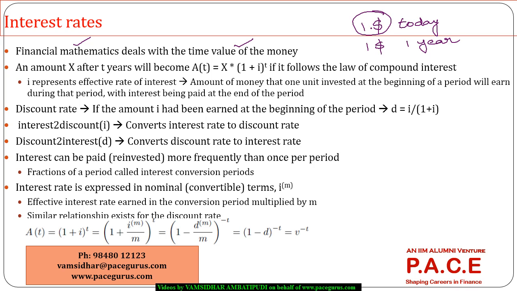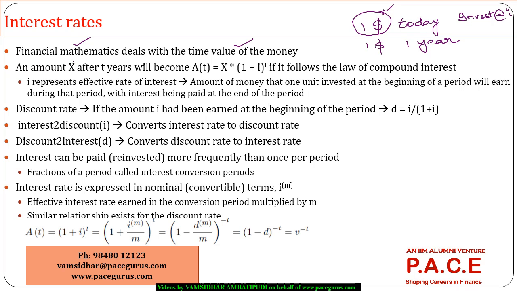Because the $1 that I am having today, I can invest it for 1 year at some interest rate, and I will get something more than 1 at the end of 1 year. So which is a clear indication that with the passage of time, the money is increasing in value. That is what we are calling as the time value of money.